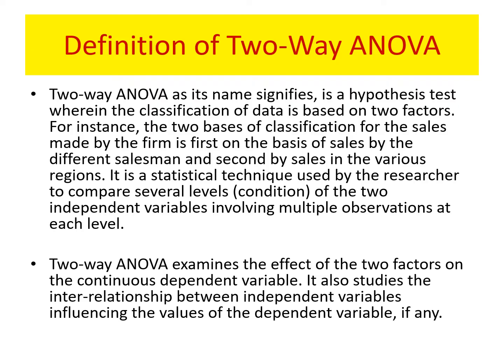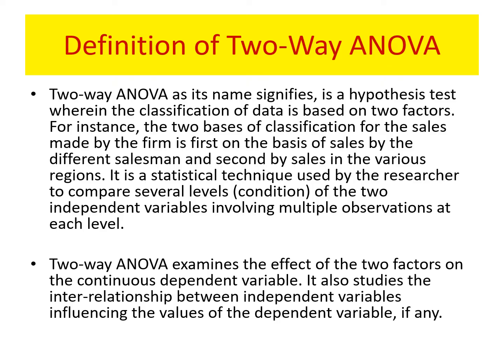Now let's talk about the definition of a two-way ANOVA. A two-way ANOVA, as its name signifies, is a hypothesis test wherein the classification of data is based on two factors. So two-way because there are two factors.